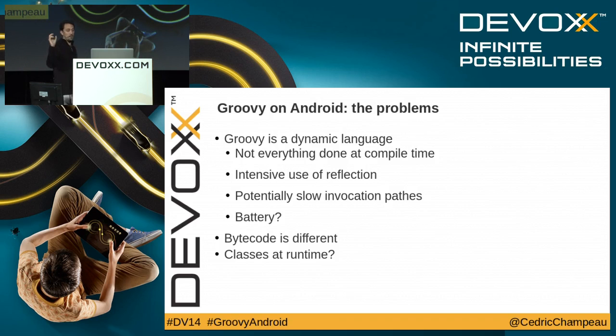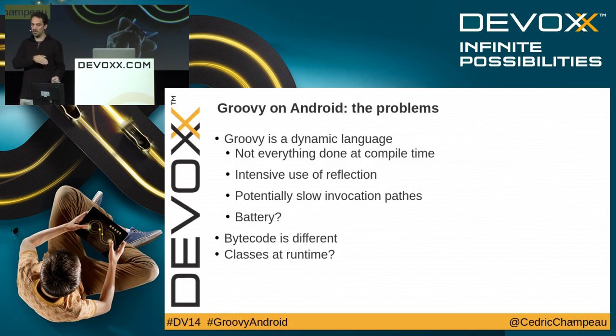I said that Groovy and Java are both based on the JVM, but once you go on a mobile device, the bytecode is actually not the same, just because it's not a VM on a mobile device. So we have a problem because we generate classes with bytecode which is understandable by the JVM, but not by a mobile device. So if you do that at runtime, of course, the bytecode will not be recognized.